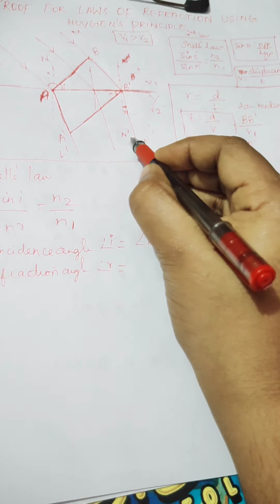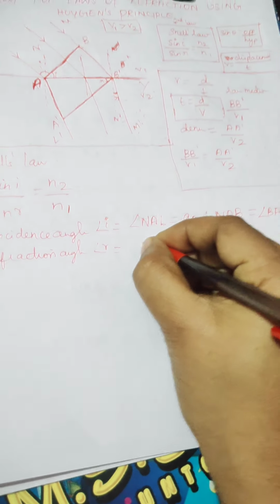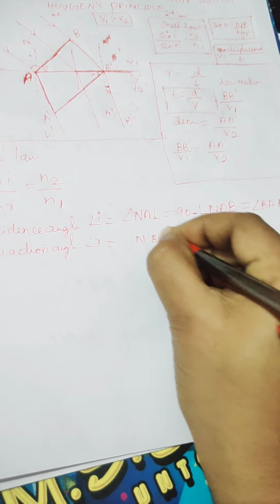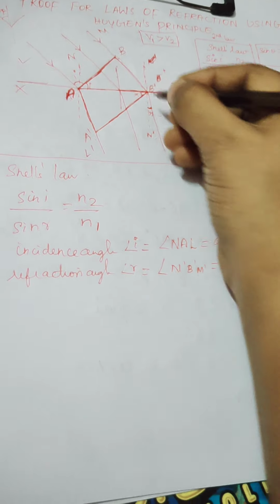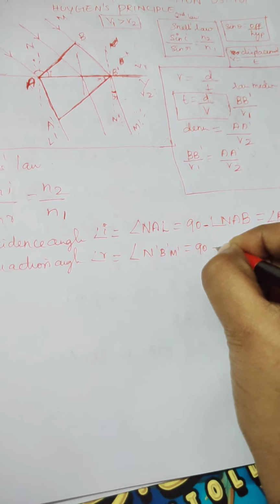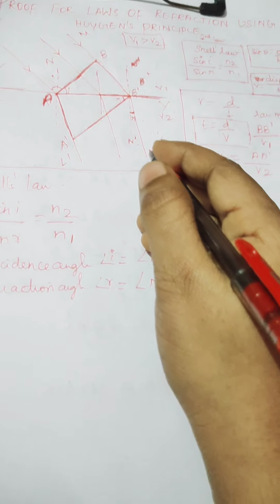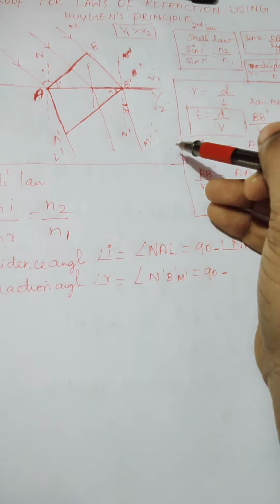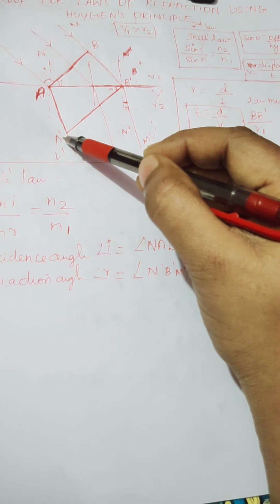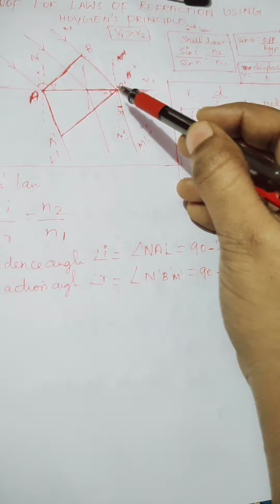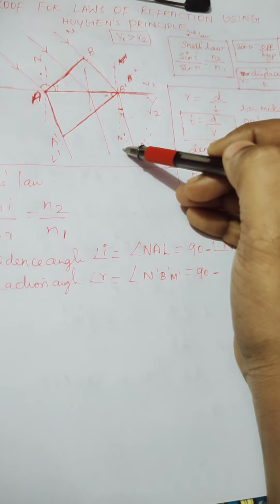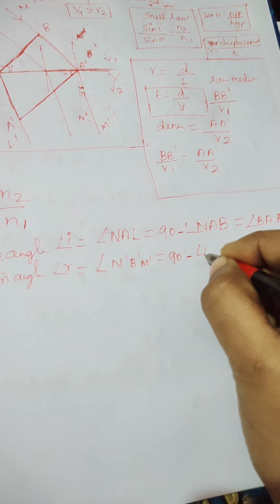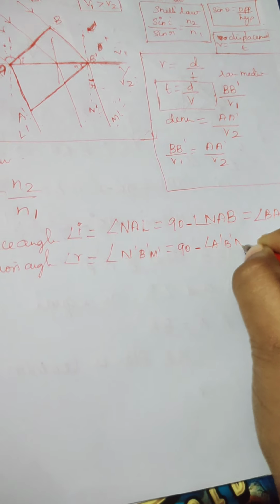This is the refraction. Again I am telling you, N dash, B dash, M dash angle. To find out the remaining refraction angle, we will take 90 minus angle A dash, B dash and N dash. Where is that A dash? A dash, B dash and N dash.